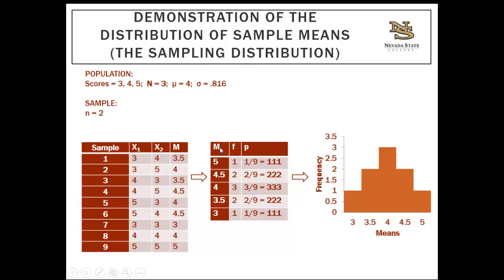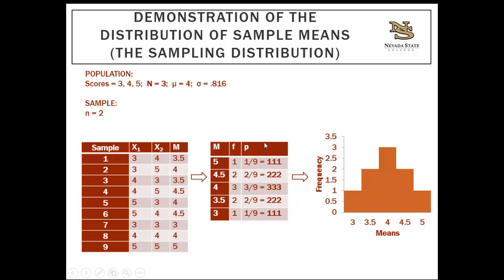So we've got our means represented here. So we've got, let's see, 5 is right here, and there's only one of them. We've got 2 4.5s. We have 3 4s, 1, 2, 3 of them, 2 3.5s, and then 1 3. So that's the frequency portion of this.